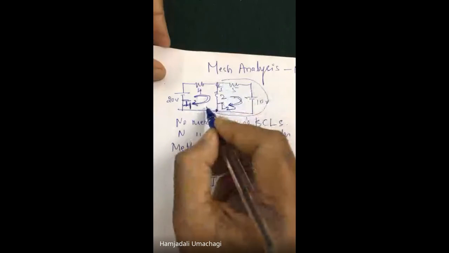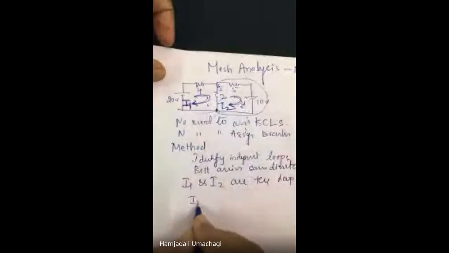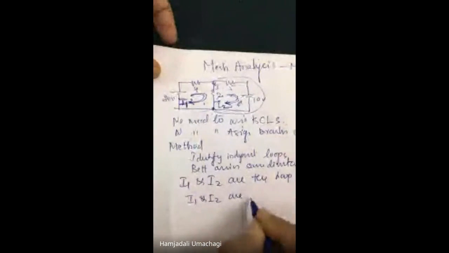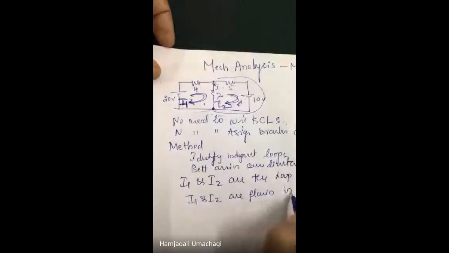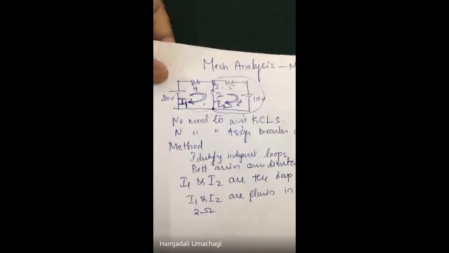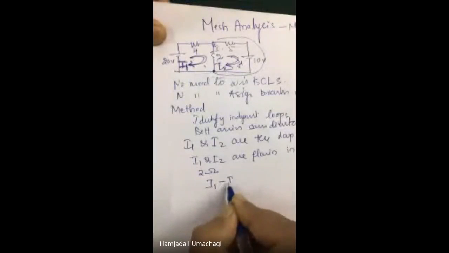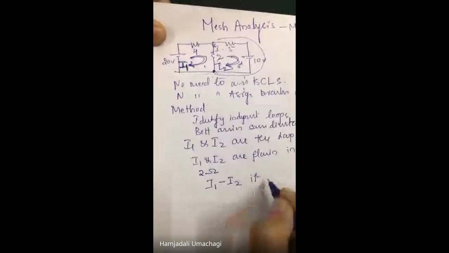This branch is common between the first loop and the second loop, so both currents flow in branch 2, the 2 ohm resistor. Then the net current in the branch carrying the 2 ohm resistor is I1 minus I2 if I1 is greater than I2.